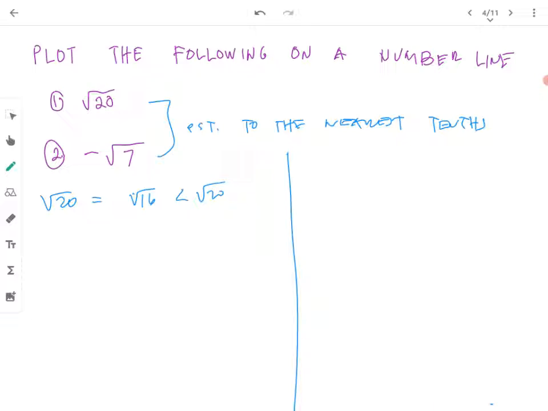So it means that square root of 20 is greater than square root of 16 but less than square root of 25. Because square root of 16 is 4 and square root of 25 is 5, meaning square root of 20 is 4 point something, and we do not know yet that one.